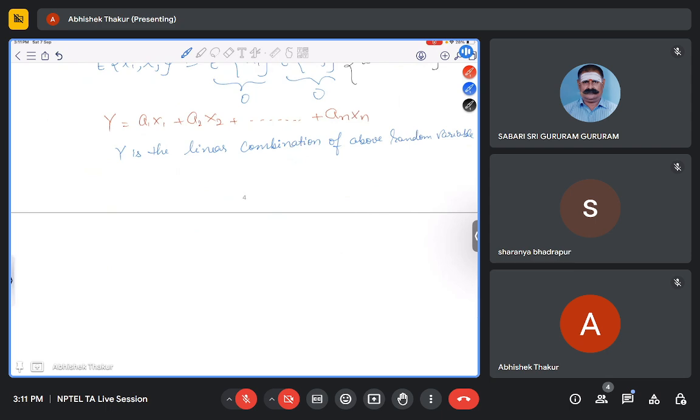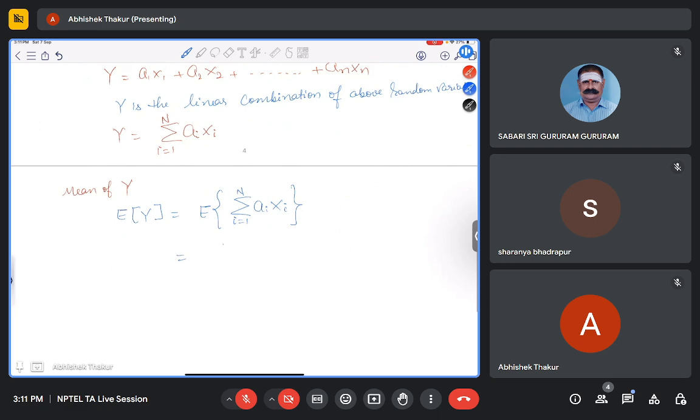Now a1, a2 are just coefficients of the combination, and the random variable y follows a Gaussian distribution. So let's find the mean of y. That is equal to expectation of y, which is expectation of summation of ai xi, i equal to 1 to n.